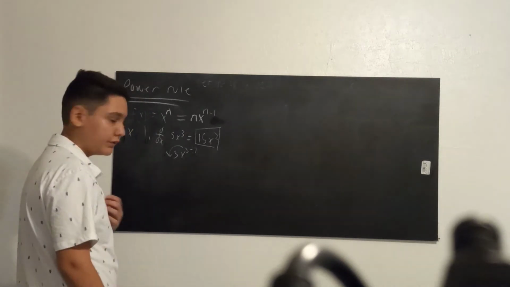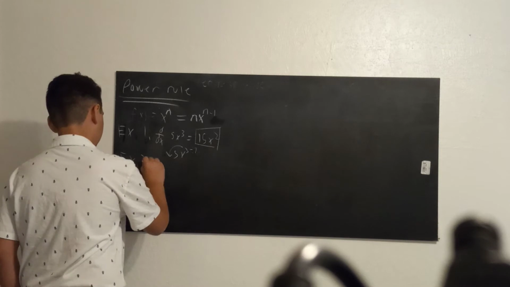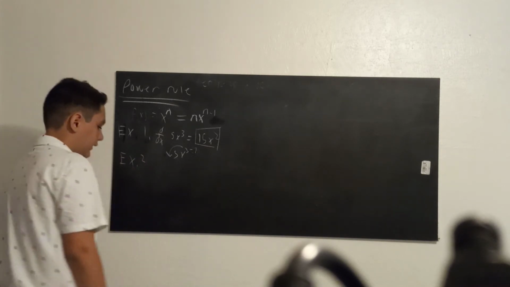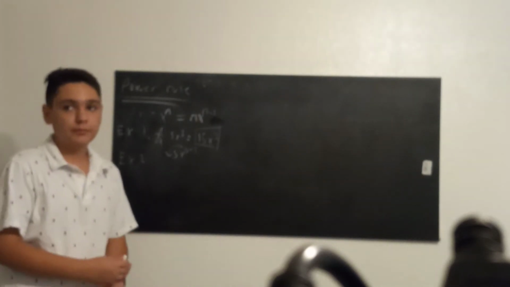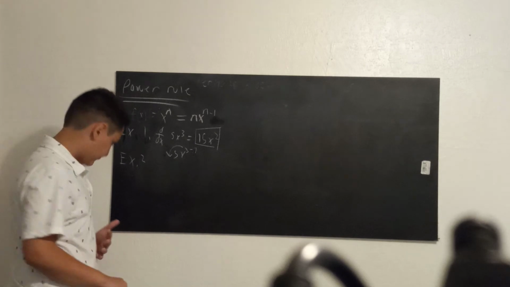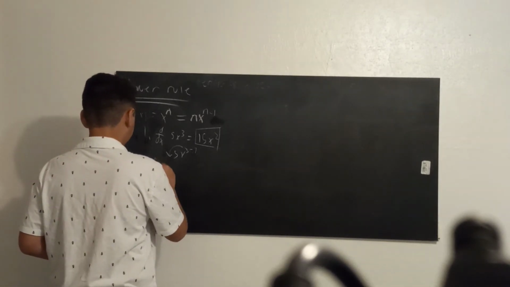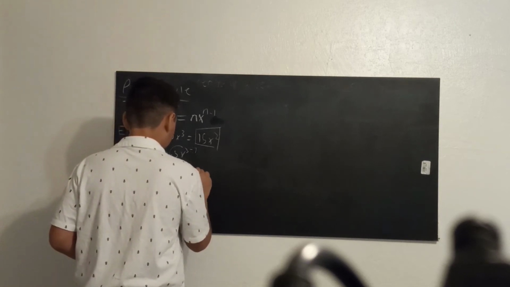Alright, let's go to example 2. This is going to be the same problem as we did last video, the practice problem that I just proved, just to show this works. f of x equal to x squared.